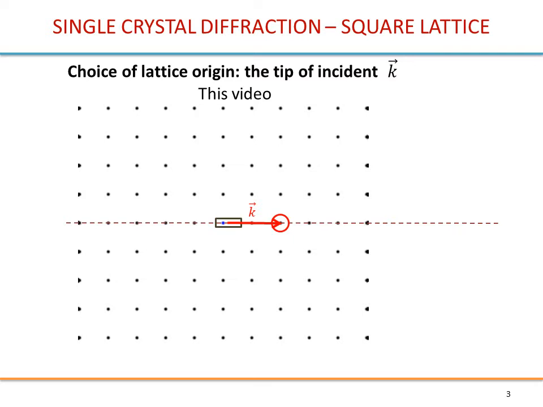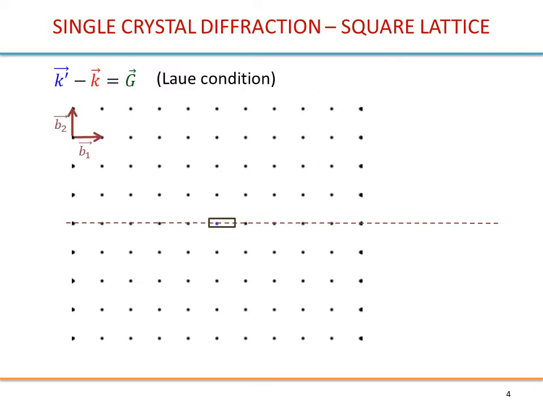Okay, let's first look at the single crystal. We have our reciprocal lattice. This is the Laue condition. This is the incident wave vector, this is the scattered wave vector, and this is a reciprocal lattice vector when we have constructive interference. So here we have our k vector.